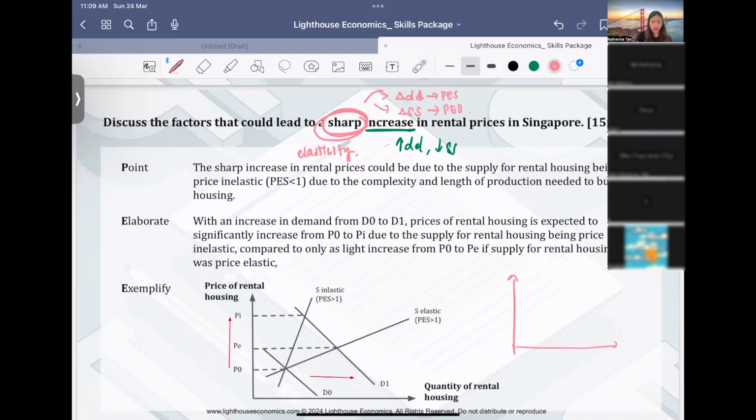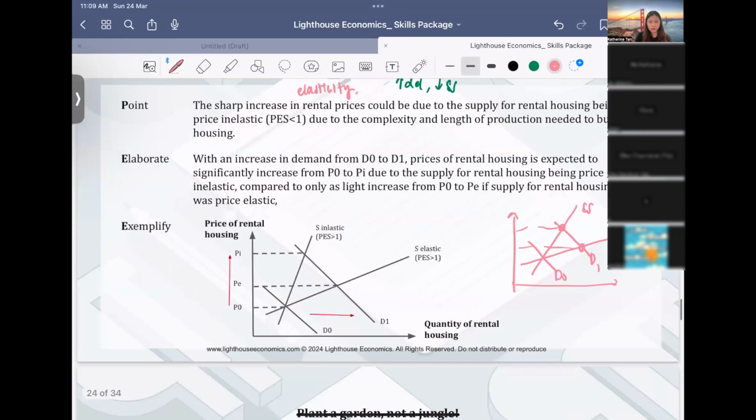Let's say I have a change in demand. My demand curve shifts. The one that influences how much the price changes is how steep or how gentle your supply curve is. Which is why when there's a change in demand, the factor that influences is PES, because it's the steepness of your supply curve that will influence your price.